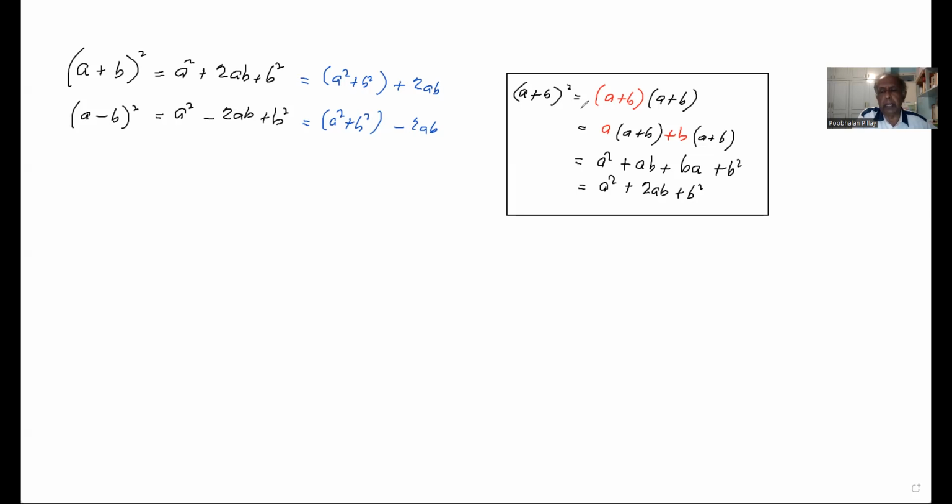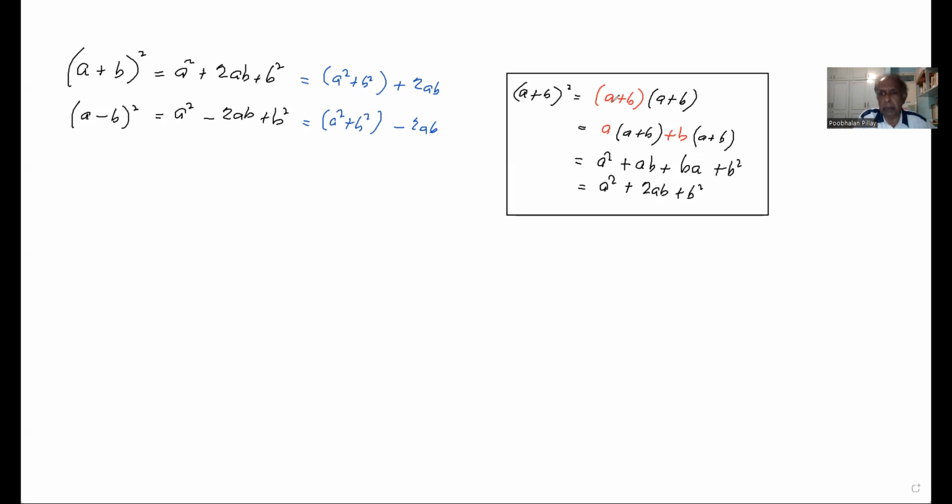If you want to know why: (a plus b) all squared means a plus b multiplied by a plus b. Now, how do you expand this? You take a and multiply it by a plus b, plus b multiplied by a plus b.